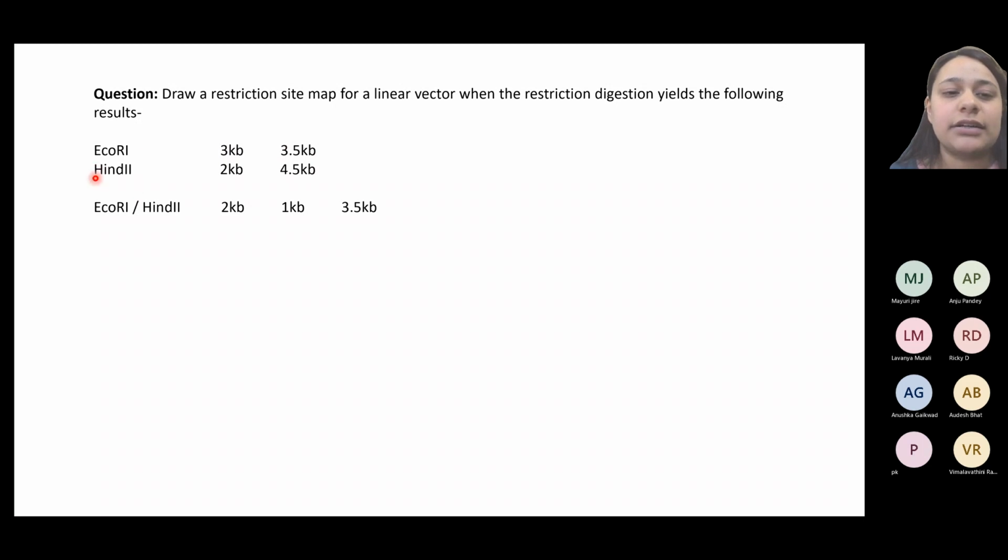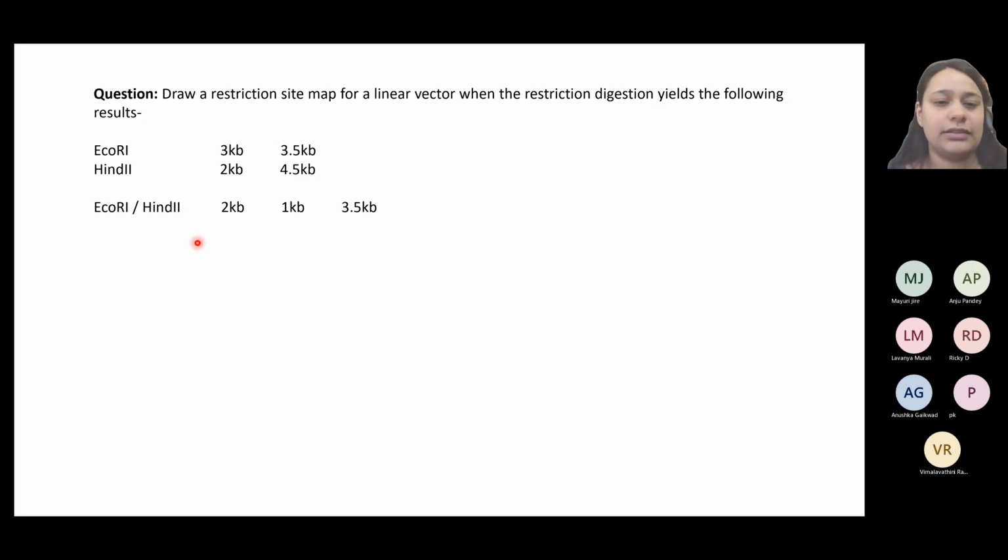And if there is a restriction digestion by HindII, then a 2 kb fragment and 4.5 kb fragment will be obtained, right? If there is a double digestion, what does this mean? It means a double digestion by both EcoR1 and HindII is occurring, then there will basically be three fragments that are obtained. One is 2 kb, one is 1 kb, and one is 3.5 kb, right?